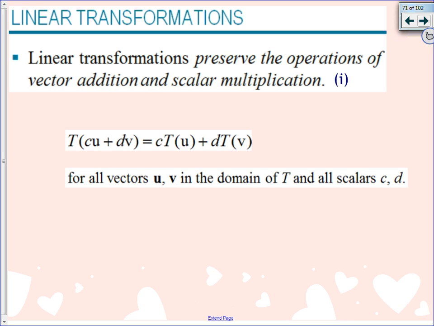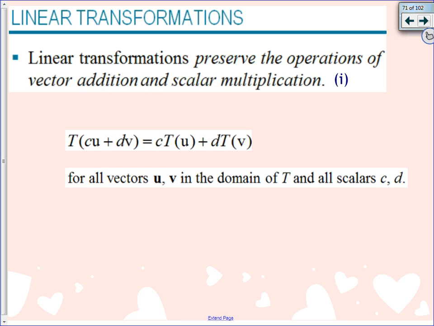Linear transformations preserve the operations of vector addition and scalar multiplication. This is bringing all of these together. It's kind of like the distributive property, distributing the transformation over the sum of two vectors that have been multiplied by scalar quantities C and D.